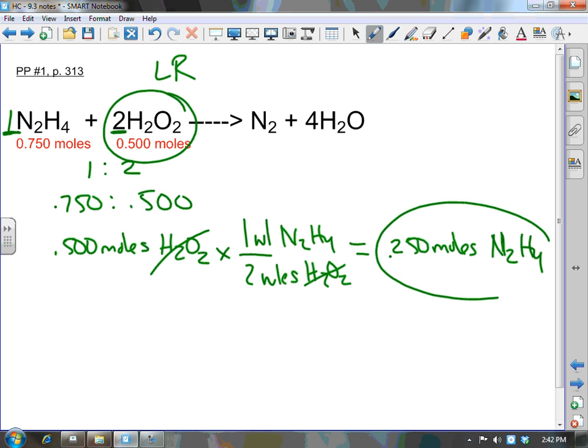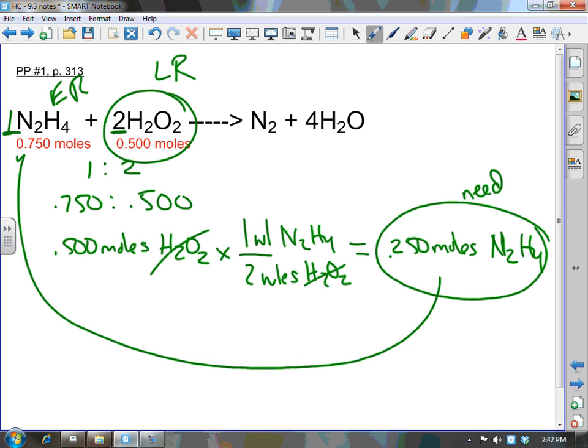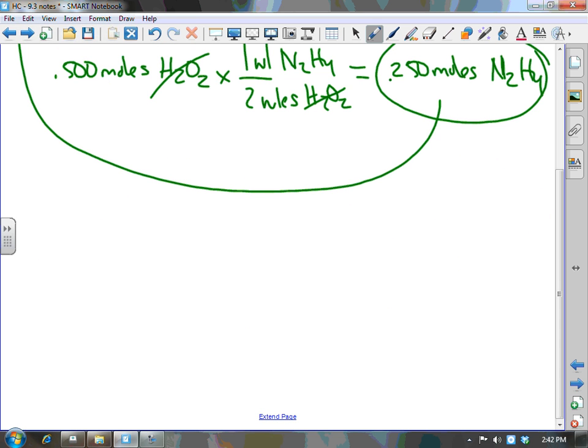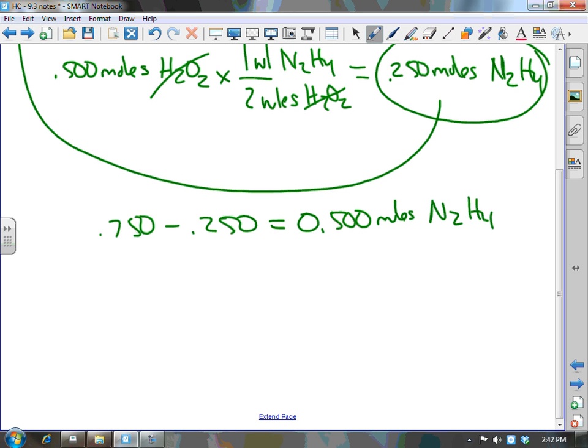I'm only going to need that much N2H4. Well, remember, if this is the excess reactant, this is all that's needed. 0.750 is available. 0.750 minus 0.250 equals 0.500 moles of N2H4 is left over, not being used. So that would be part B.